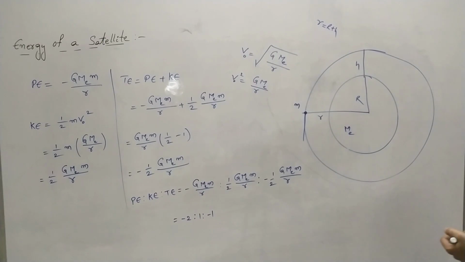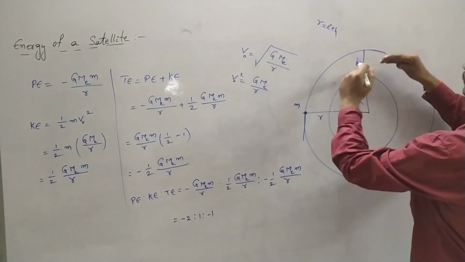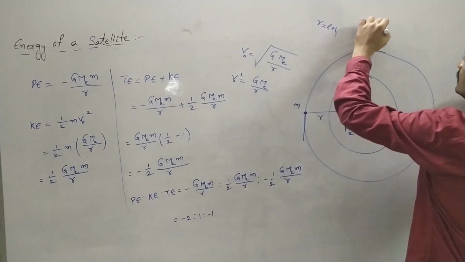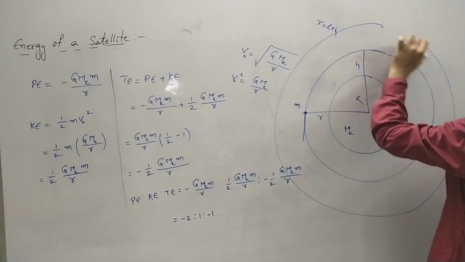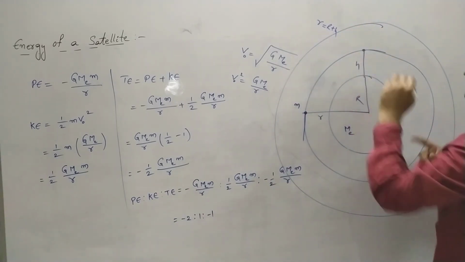Suppose we consider a satellite jumps from lower orbit to higher orbit. Initially the satellite is at this position.